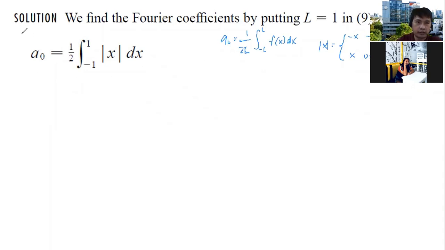Kasi, di ba, if you try to recall, yung graph natin is ganyan. So this is negative 1, this is 0. So we can define yung negative x as this line from negative 1 to 0, and positive x from 0 to positive 1, this line. Okay?